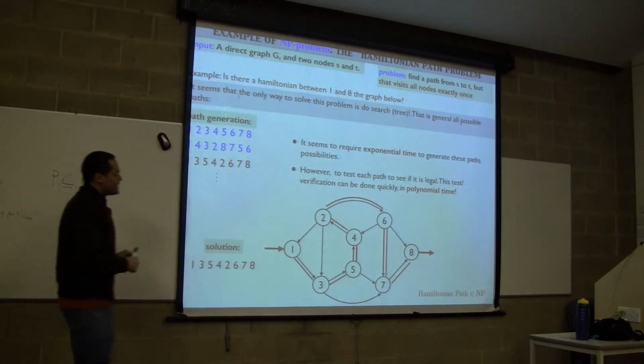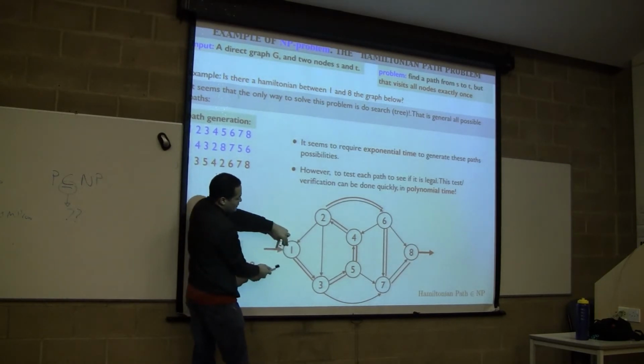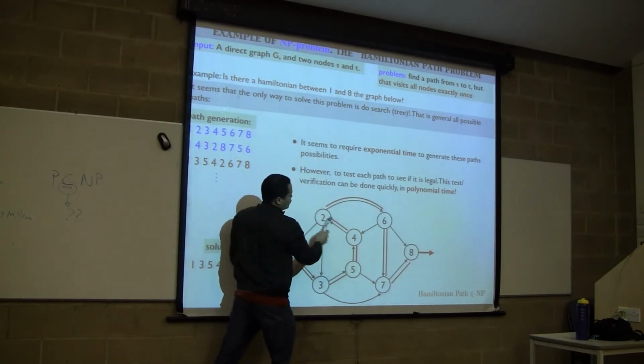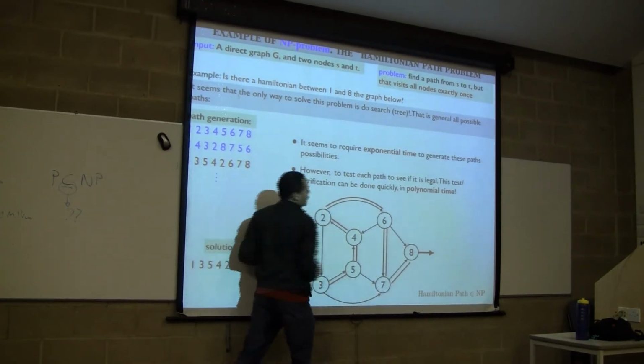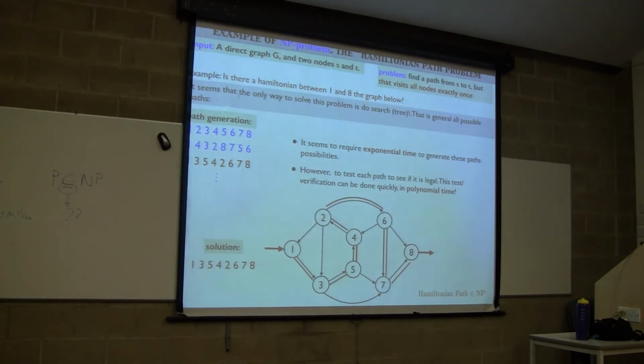So in this particular case, the solution is, if you start from 1, you can see that there is a solution here: you go from 1, 3, 5, 4, 2, 6, 7, and 8. So you visited all the nodes, and that forms what is known as the Hamiltonian path. Now, this problem is much more complicated than the other, and it turns out that this is an NP problem.